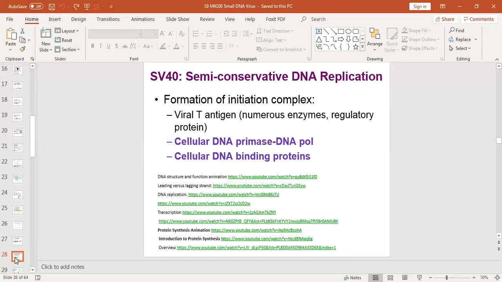For replication of SV40 double-stranded circular DNA, we need to form something called the IC, the initiation complex, which is composed of viral T antigen, which codes for a number of enzymes and regulatory proteins, and cellular DNA primase, DNA polymerase, and cellular DNA binding proteins. I told you these can be activators, co-activators, or transcription factors.